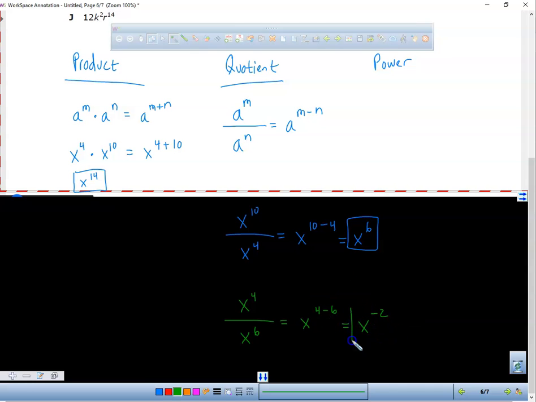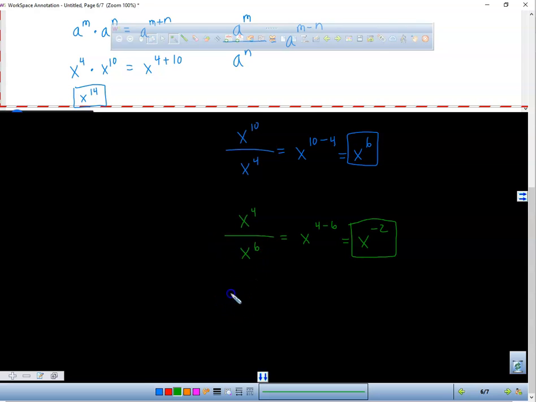Now, some of you might be wondering, what is a negative exponent? Back when I was first learning this, when I was your age, maybe this will make sense to you. x to the power of 4 means I'm multiplying x together how many times? 4 times.